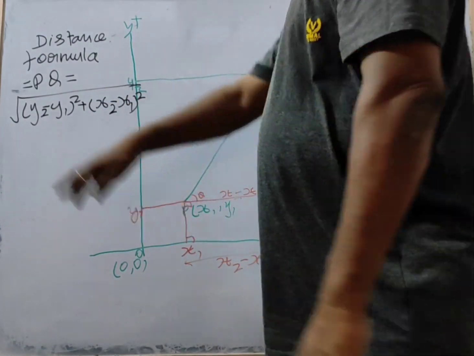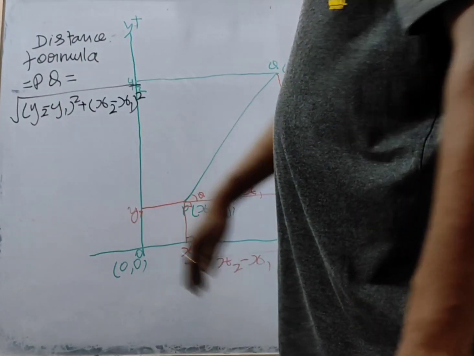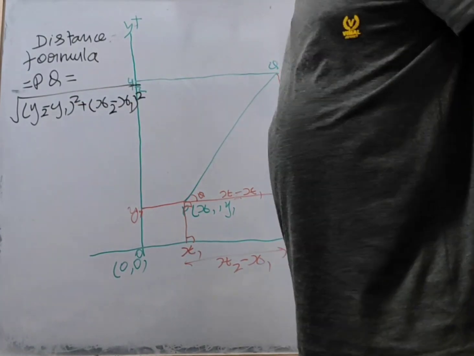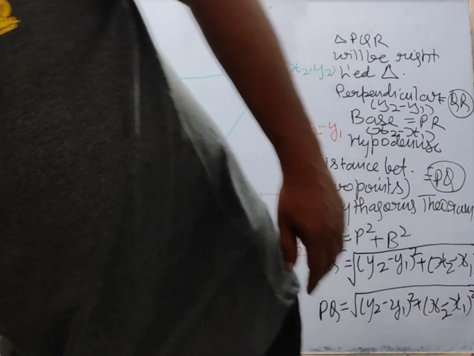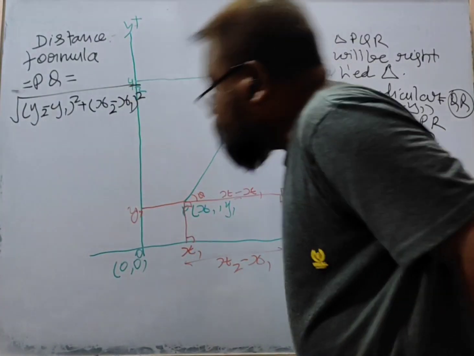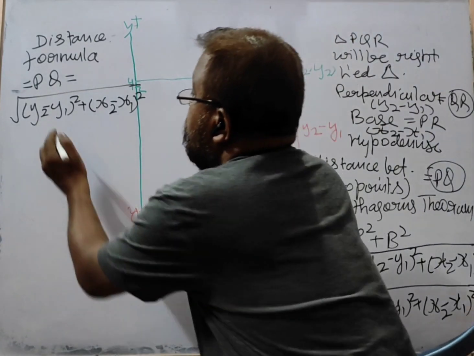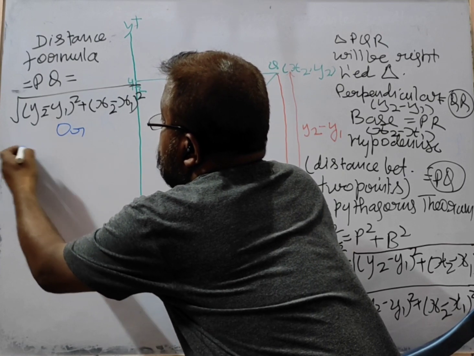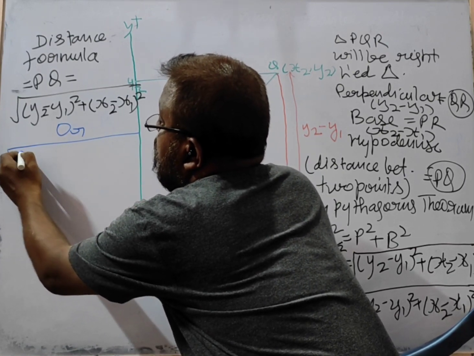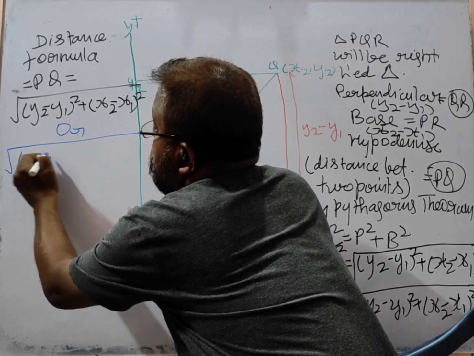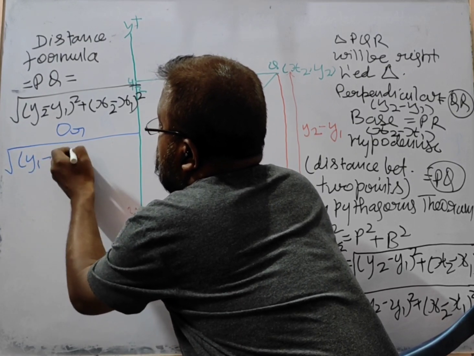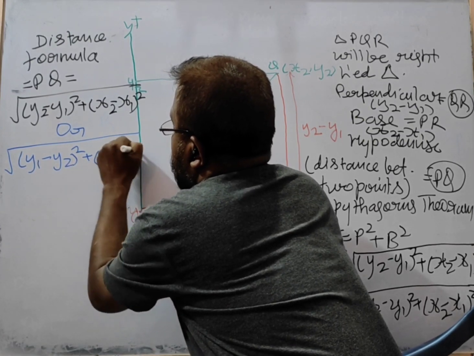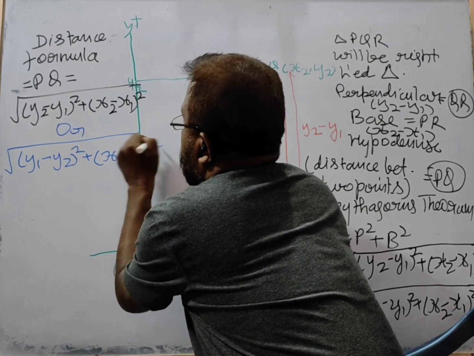We can write PQ is equal to square root of y2 minus y1 whole square plus x2 minus x1 whole square, or you can write it like this also: y1 minus y2 whole square plus x1 minus x2 whole square, right?